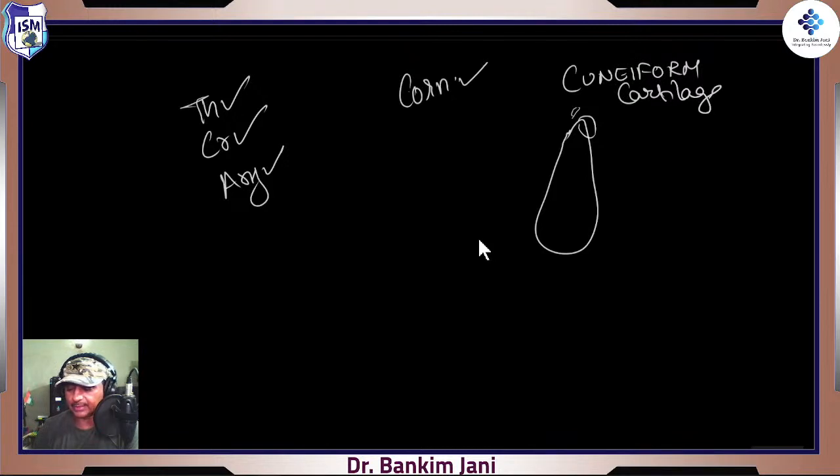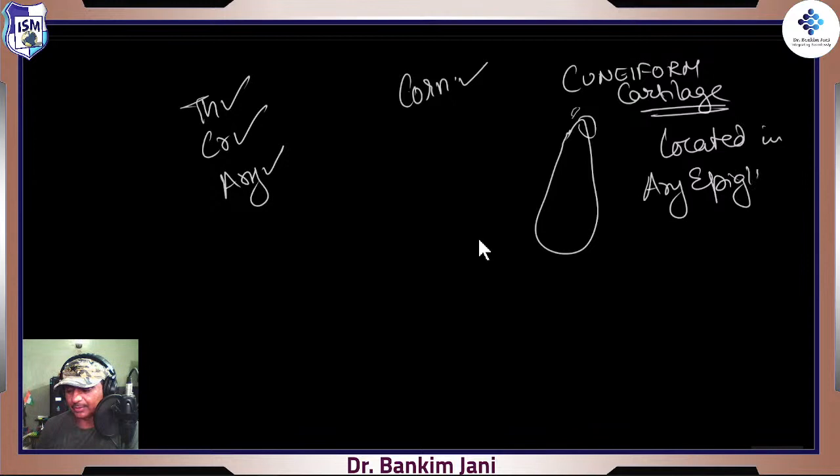All those cartilages are for fine adjustments, very tiny cartilages. And this is the cartilage which is located in the aryepiglottic fold. Makes sense? So when it is going obliquely, this is the cartilage which is over there.